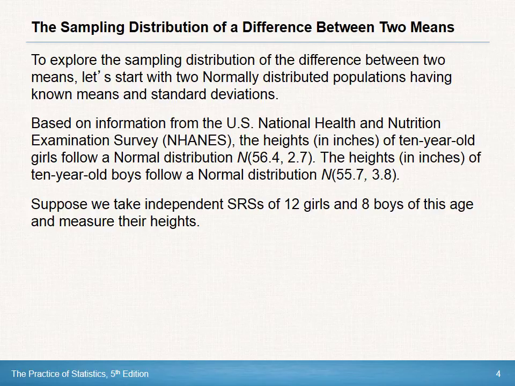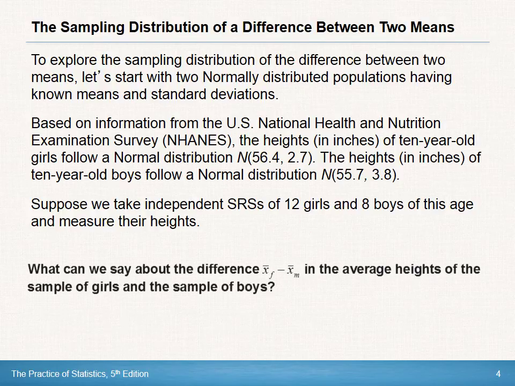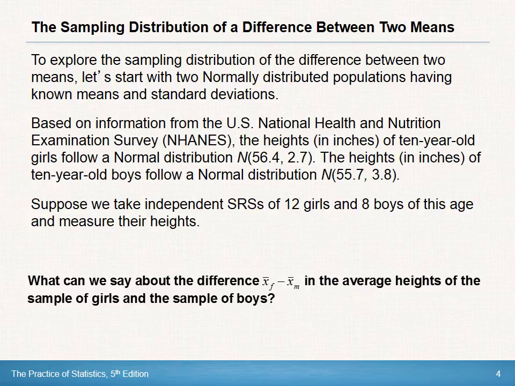Suppose we take an independent simple random sample of 12 girls and 8 boys of this age and measure their heights. What can we say about the differences in the average heights of the samples of girls and boys? They're using F and M for female and male.